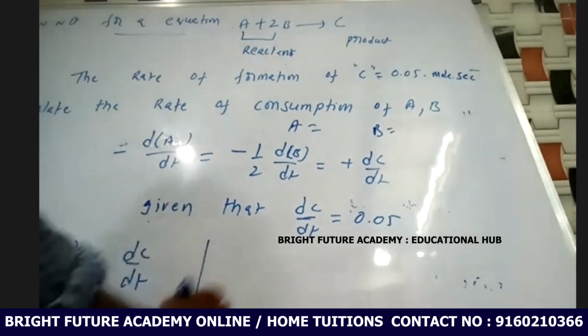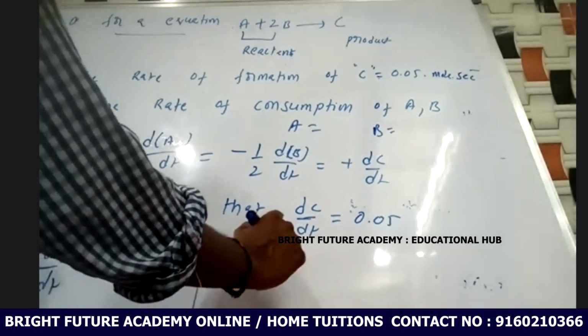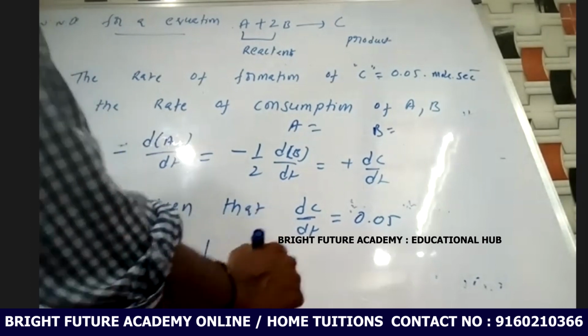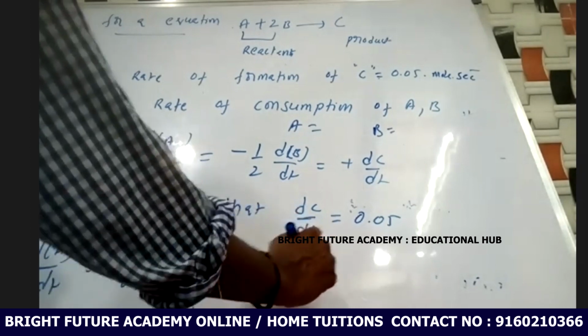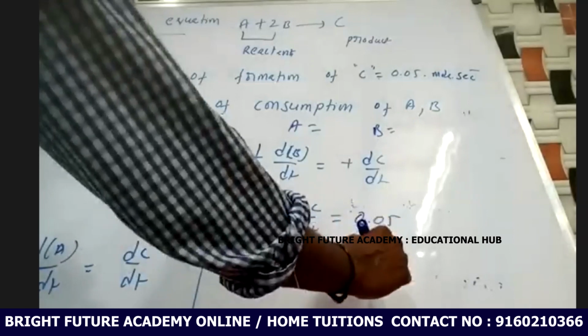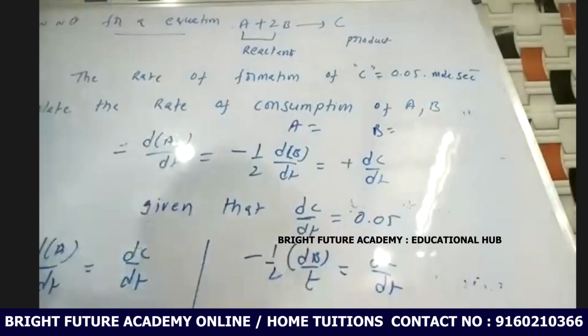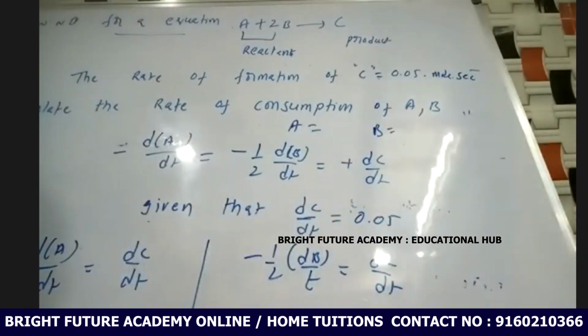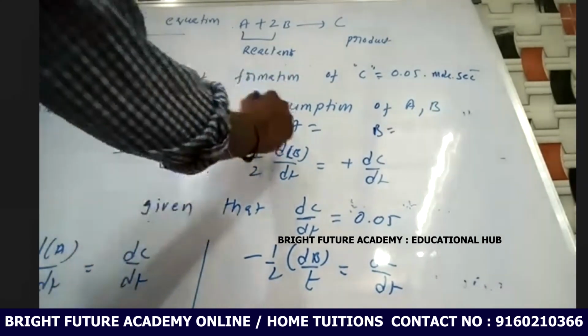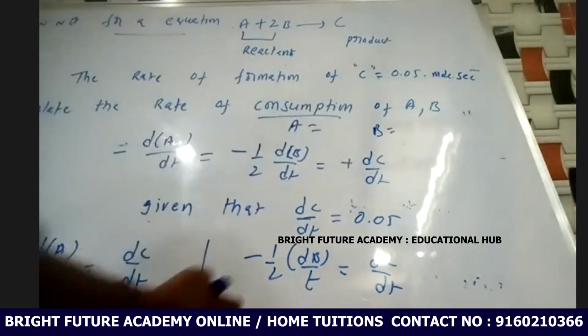Separate that one, and minus of 1 by 2 dB by dt. Both are equal to dC by dt. So separately you can find out A and B. A is equal to 0.05, already given. Right, no need for calculation here. They are asking the rate of consumption. So A is equal to 0.05.